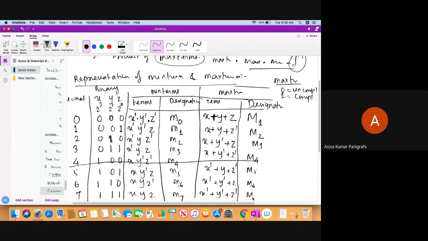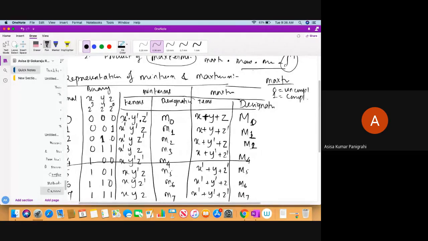M7 is x bar, y bar, z bar. Very simple, nothing else. These are all M0, this is M1, M2, and I think I forgot M3. You have done a small mistake over here, students. So this is your M0.